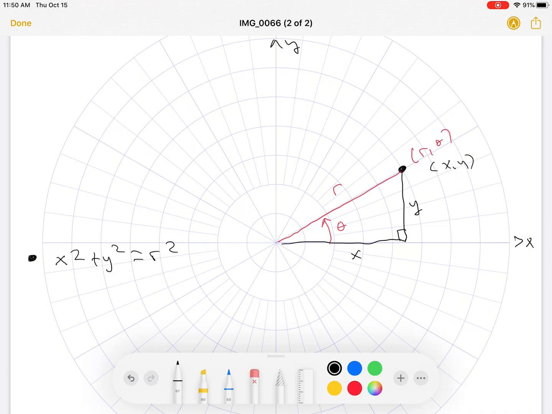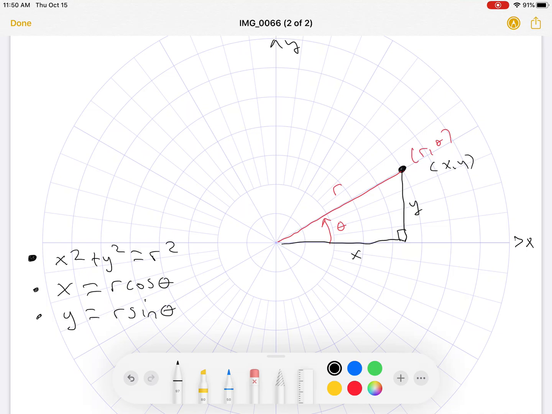It's also true if you use sines and cosines that x is equal to r cos theta and y is equal to r sine theta. If you just think about this, the sine of theta is y over r, so you solve for y. The cosine of theta is x over r, so you solve for x.